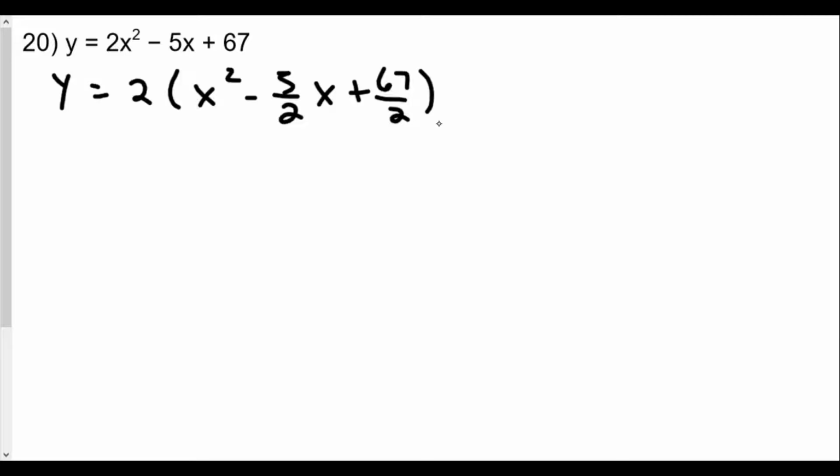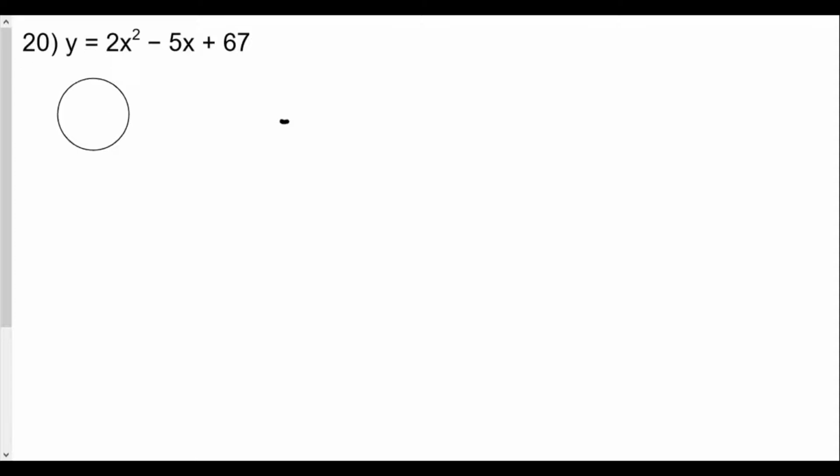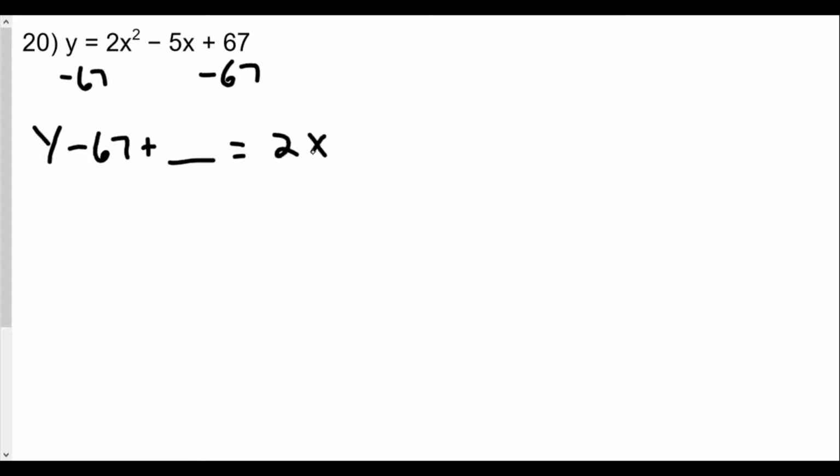Now, maybe I should have done this from the beginning. I should subtract the 67 from both sides. So let me just start from there. Yeah, we'll do that instead. Sorry about that, ladies and gentlemen. I should have done that instead, so minus 67. Okay? So we have y minus 67 plus blank equals 2x squared minus 5x plus blank.